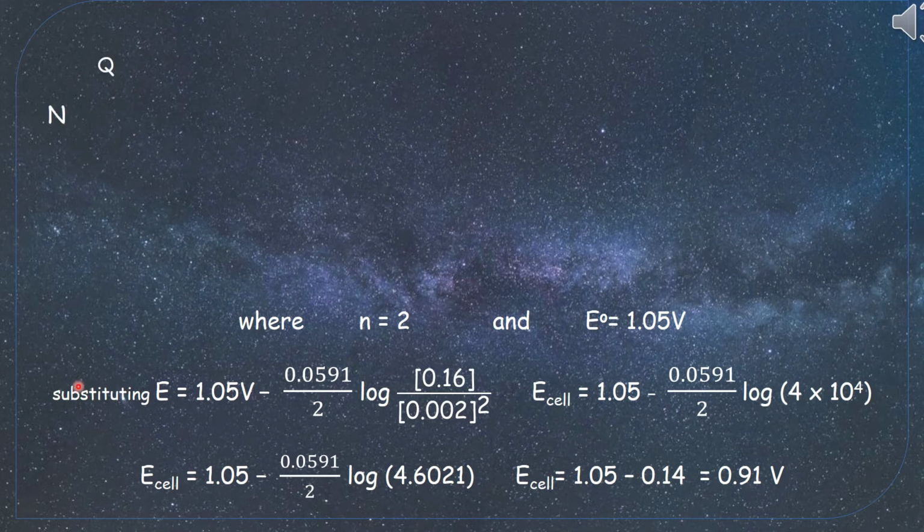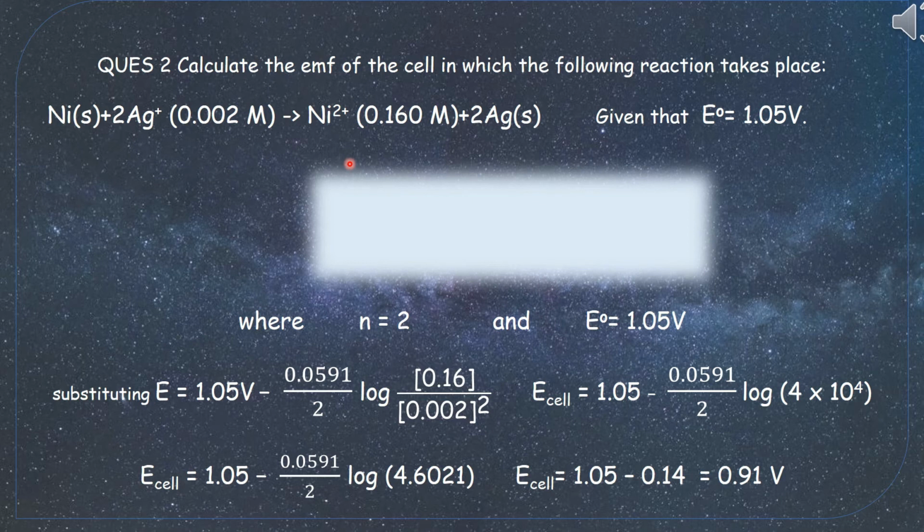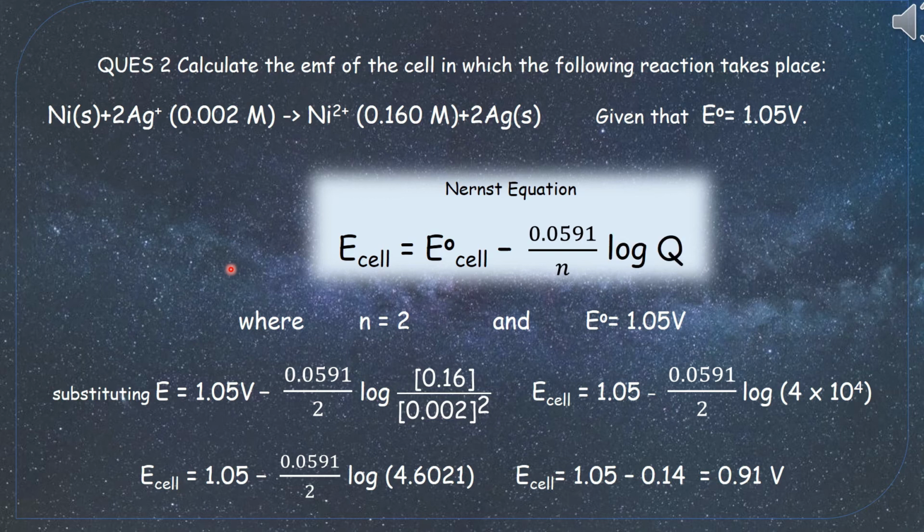This is another problem in which we are calculating the EMF of a non-standard cell. Here you first write down the Nernst equation. The number of electrons involved is equal to 2, so n is equal to 2. We know E0; E0 is 1.05 volt.